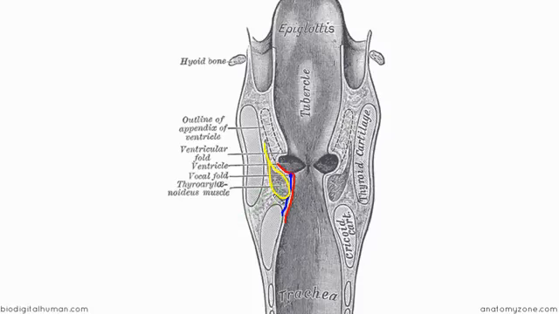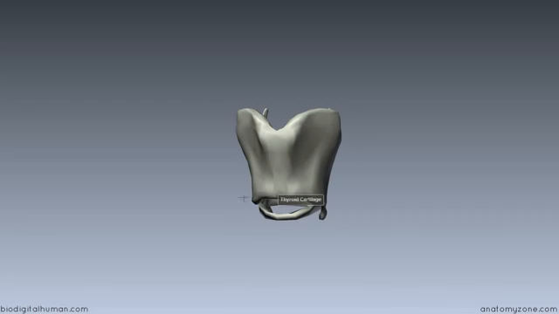That should give you some idea of the relationship of the muscles to the folds and the membranes and ligaments and that kind of thing. So that's the thyroarytenoid muscle.